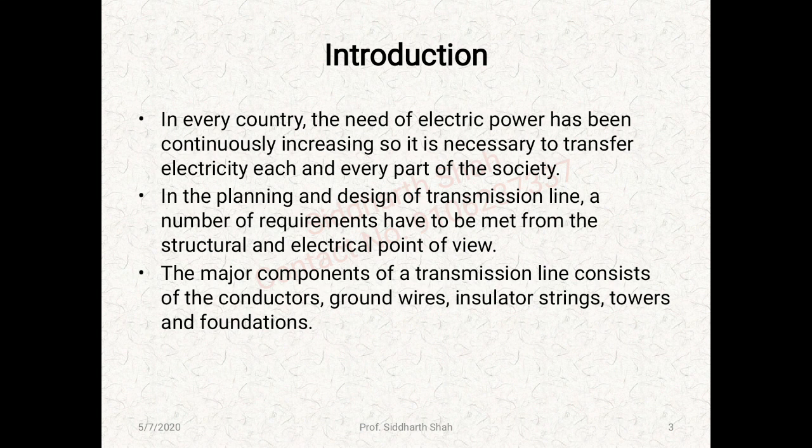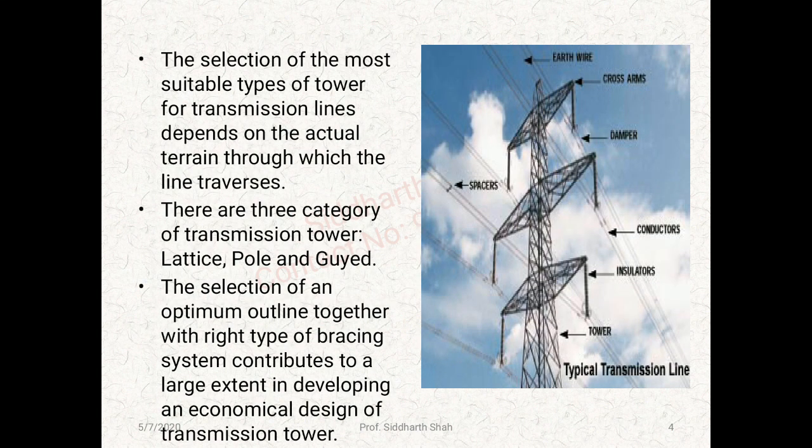The major components of the transmission line consist of conductors, ground wires, insulator strings, towers, and foundation. See, the foundation plays the most important role in the design of any structural members. So, the selection of the most suitable types of towers for transmission lines depends on the actual terrain category through which the line traverses.